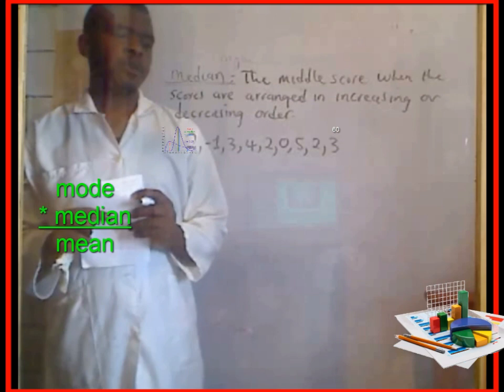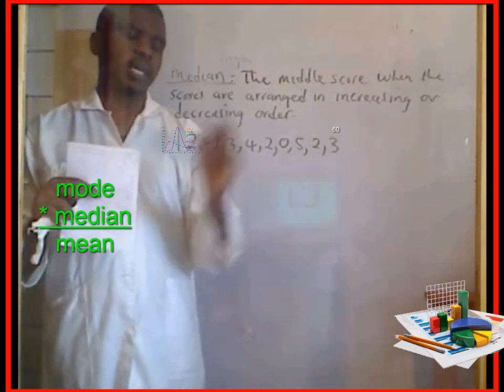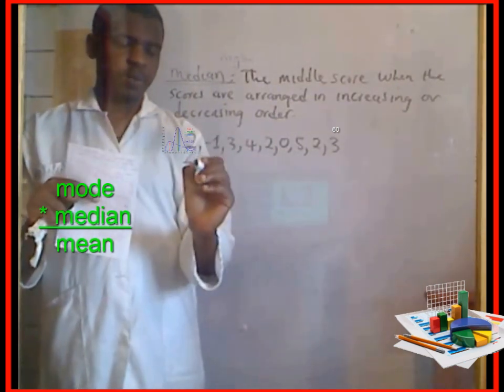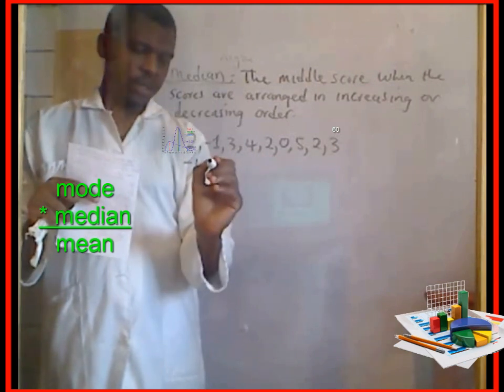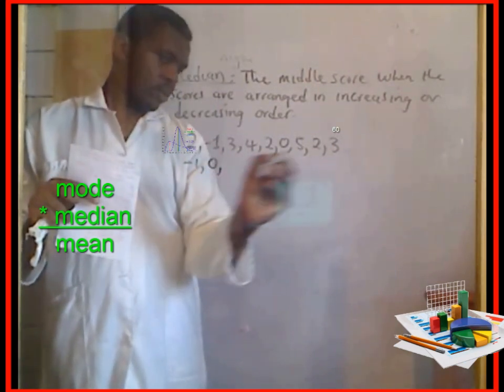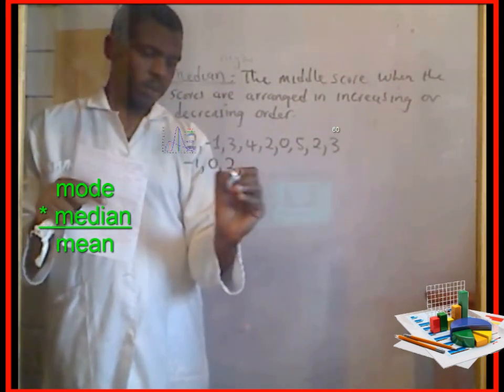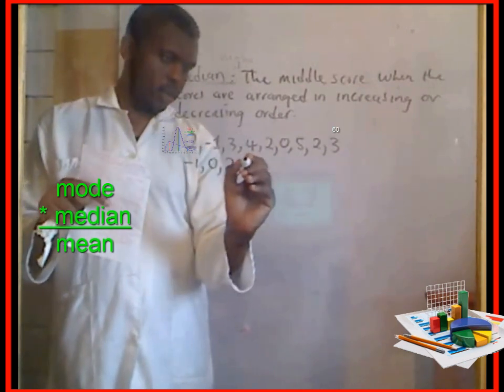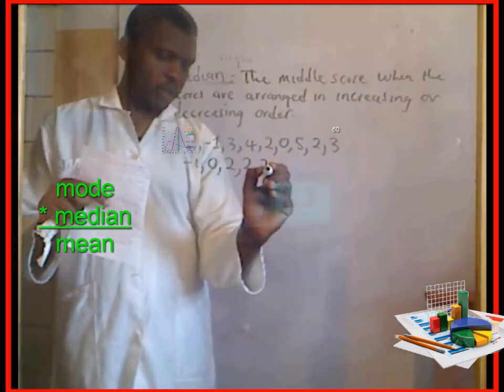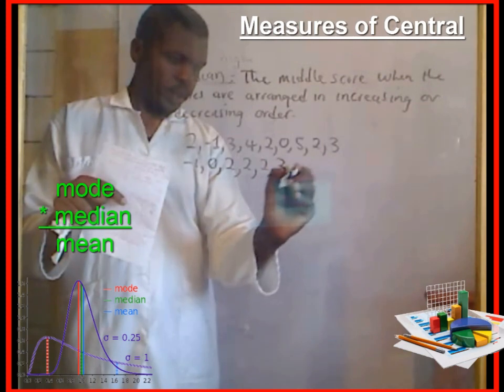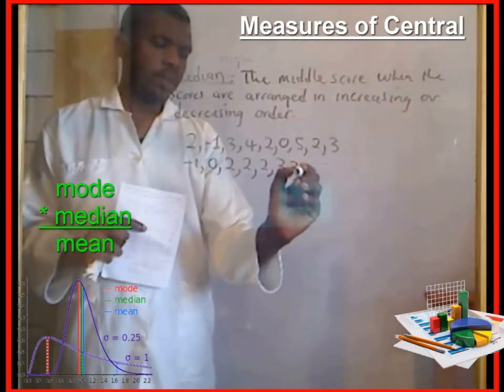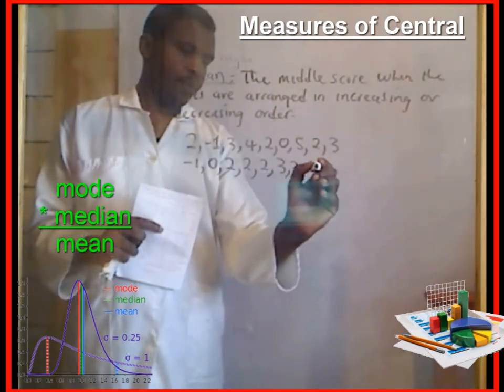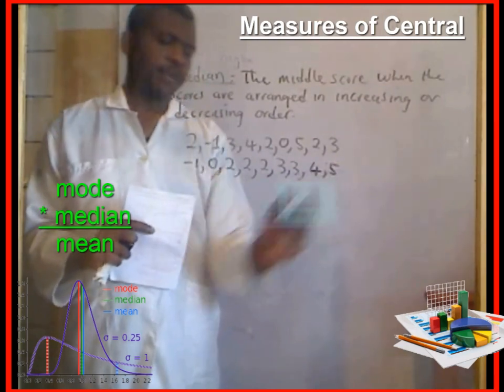We start by rearranging the terms in increasing order. So here I have -1, 0, 2, 2, another 2, 3, another 3, 4, 5.